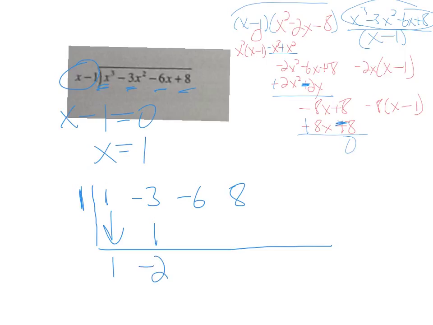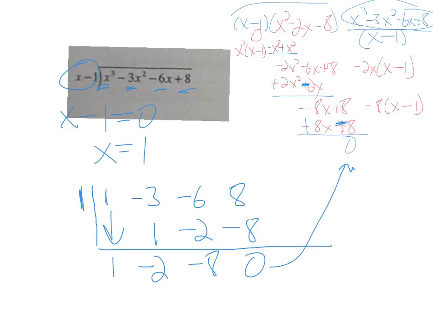Then I multiply, negative 2 times 1. I get negative 2, then I add them, I get negative 8. Then I multiply, negative 8 times 1 is negative 8, I add them, I get 0. Notice, 0 remainder.